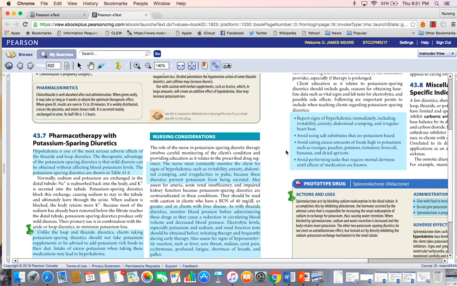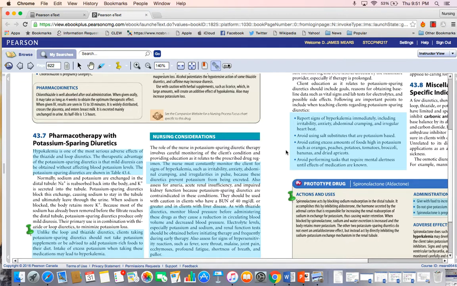So let's imagine for a second your client was started out on a loop diuretic or a thiazide diuretic, and they've been on that medication for a number of years, and they've been following a diet that is low in salt, and maybe they've added a salt substitute to their diet to help keep their blood pressure down. Suddenly, they have experienced significant episodes of hypokalemia, so the doctor changes their medication over to a potassium-sparing diuretic.